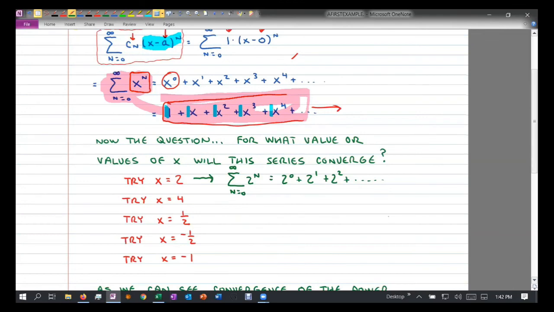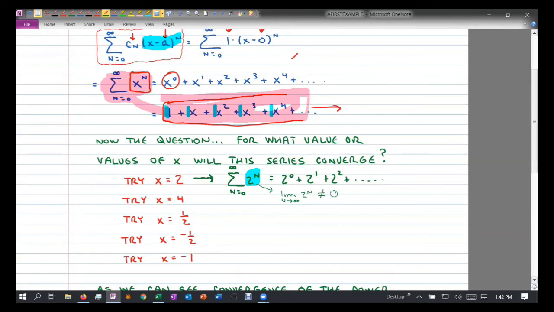Diverges. It diverges because it gets bigger and bigger, right? So remember the nth term test for divergence? If you look at the sequence inside our series and take the limit of that as n goes to infinity, if it turns out to be something not 0, what do we conclude?